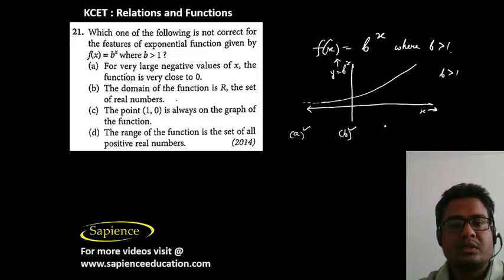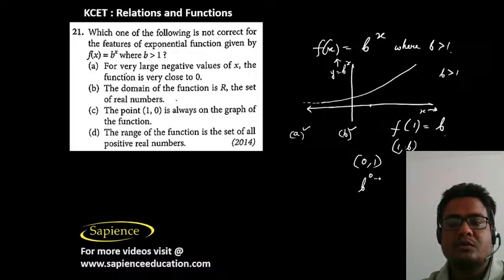And C says the point 1 comma 0 is on the graph. At x equals 1, f of 1 is equal to b. It should not be 1 comma 0, it should be 1 comma b. 0 comma 1 is always on the graph, since b power 0 is 1.